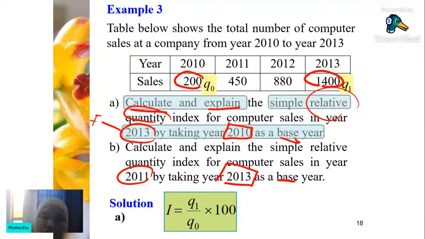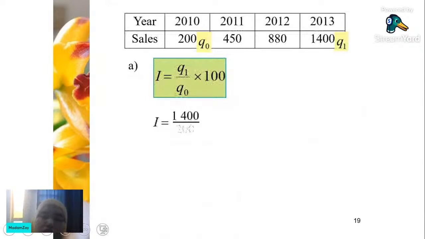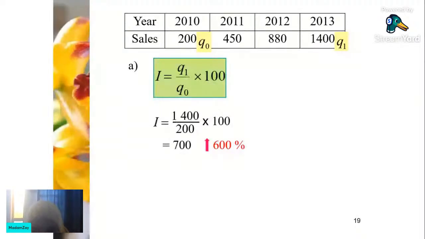So substitute the value: 1400 divided by 200 multiplied by 100, it will be 700. Wow. For the quantity we need to explain. So if it's 100, there is no increase, no decrease. But if 700, it means it increased by 600%.